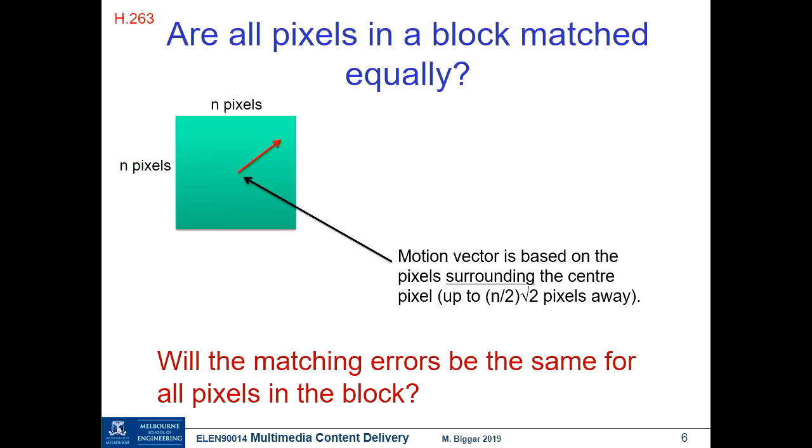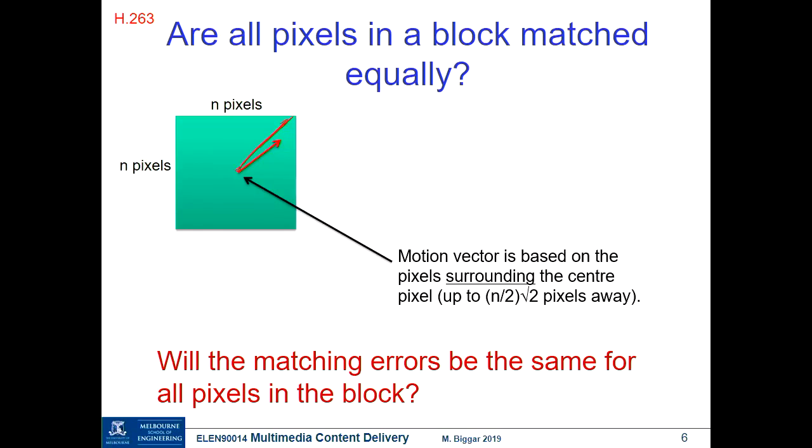So the closest pixels, the pixels that are used to generate this motion vector, will of course be neighbors to this center one, but the most distant ones will be that diagonal, which is n over 2 root 2 pixels away.